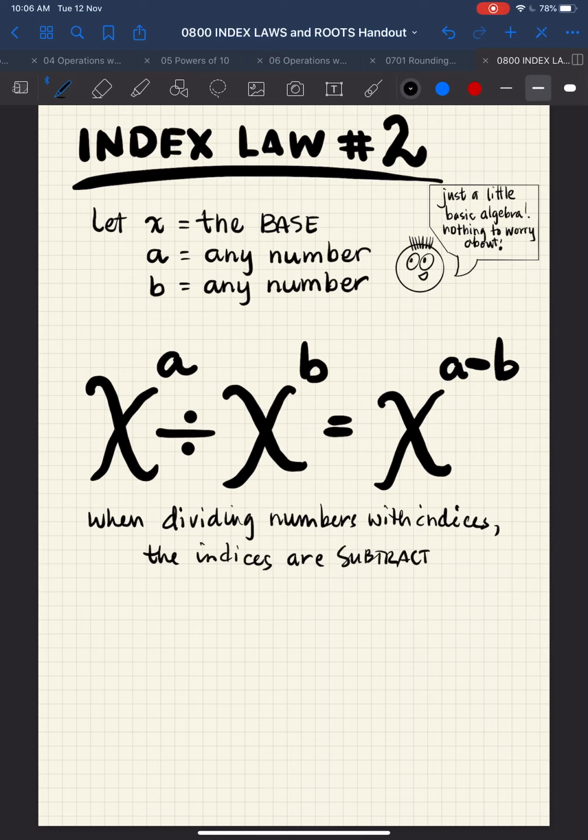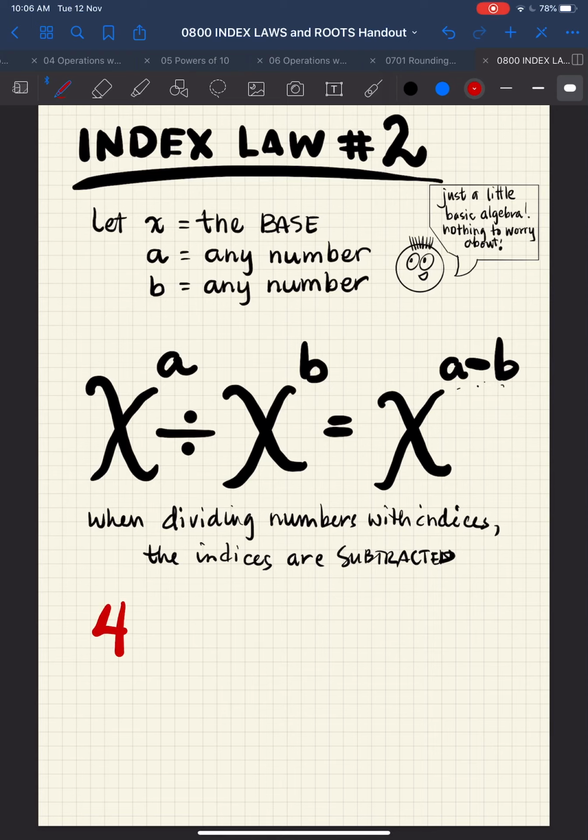So when dividing, you subtract the indices. So x to the a power divided by x to the b power equals x to the a minus b power. So again, let's put an example.